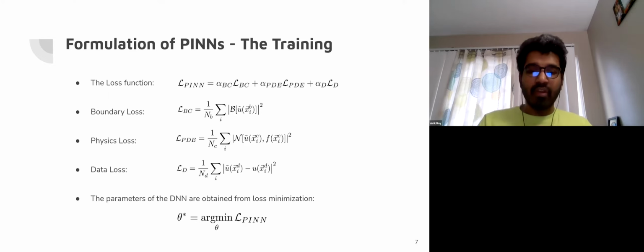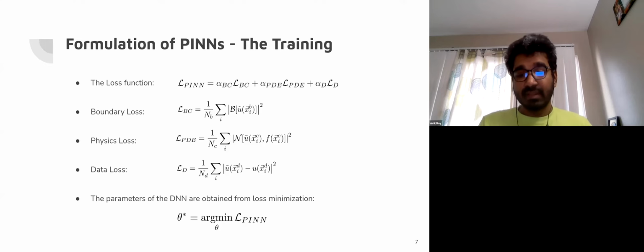And the third loss is from the additional data. We also want to make sure that we get the right kind of evaluation at those points, so we are imposing an MSE loss there as well. The parameters will be optimized by minimizing the loss function.